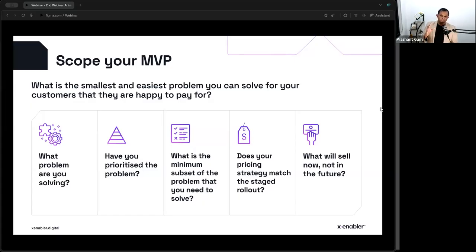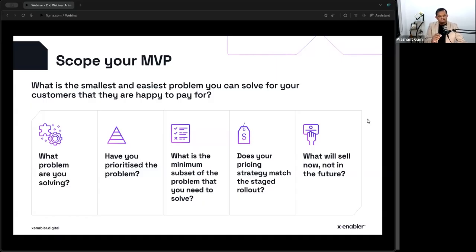All right. So your overall problem might be that you're going to build a CRM or some sort of system for business. But is there a subset of that problem? Have you broken down what the smaller problems are? All right. And then you can pick one of those problems. So what is the minimum subset that you can identify and solve?